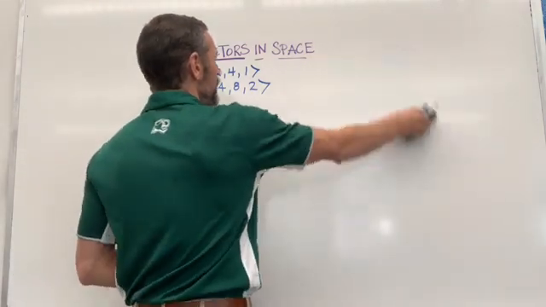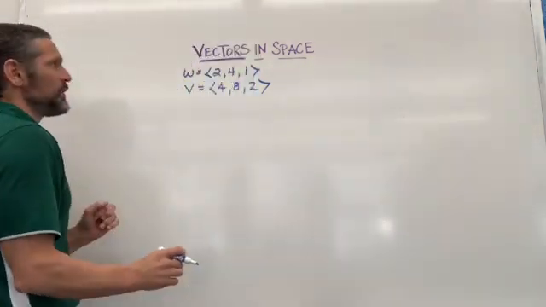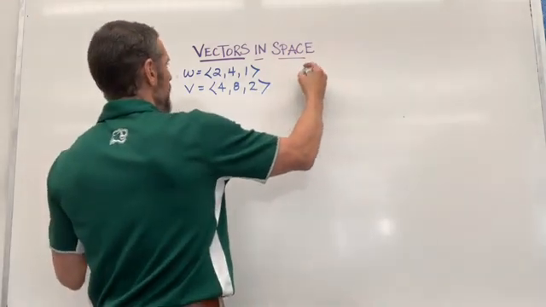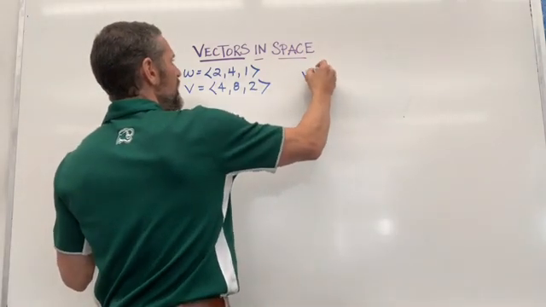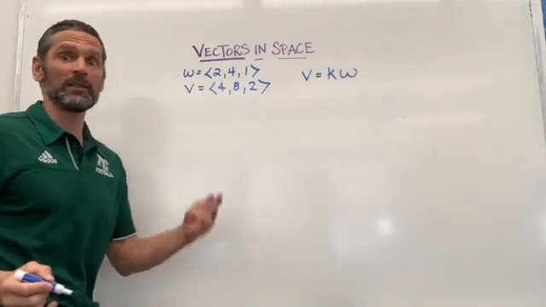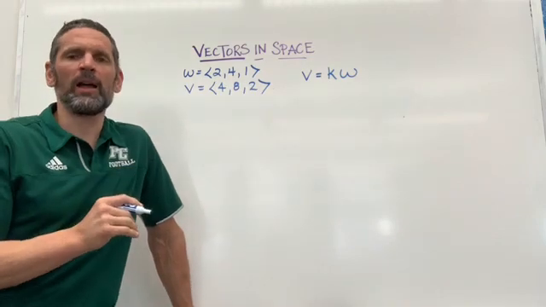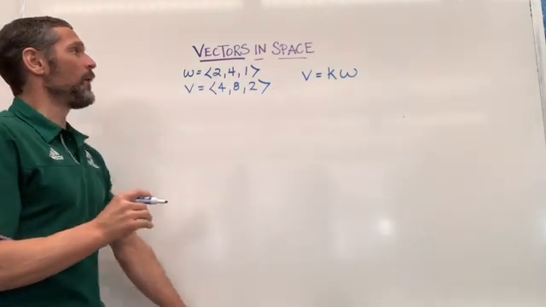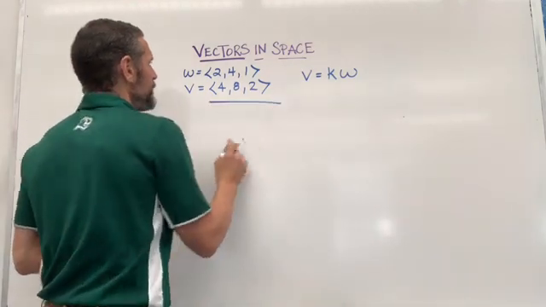Now that's a lot of work. Another thing we can do is simply look for the common factor. I know that if I have v is equal to w, and I can come up with some constant k, a scalar multiplier, then the vectors will be parallel. How can I do that? Well, it's very simple.